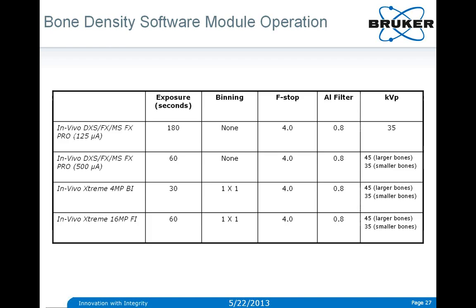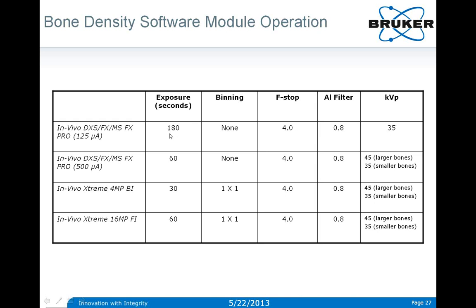This is a table with some general recommendations for settings for imaging for subsequent bone density analysis. Previous In-Vivo systems, the DXS, FX, and multispectral FX Pro systems, were lower energy X-ray imaging systems. So they provided 125 microamp and the maximum of 35 kVp.